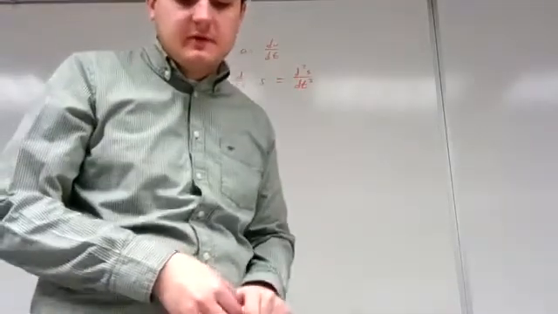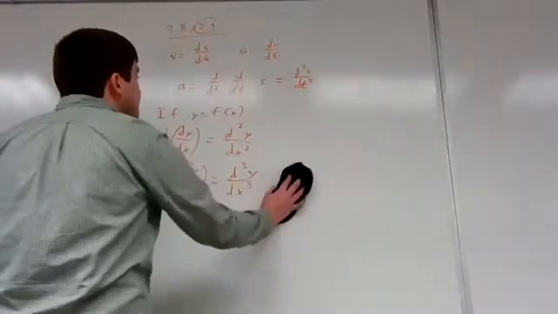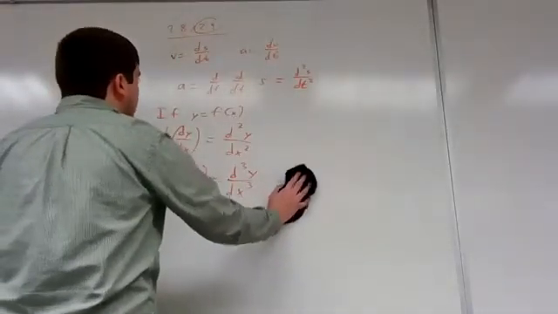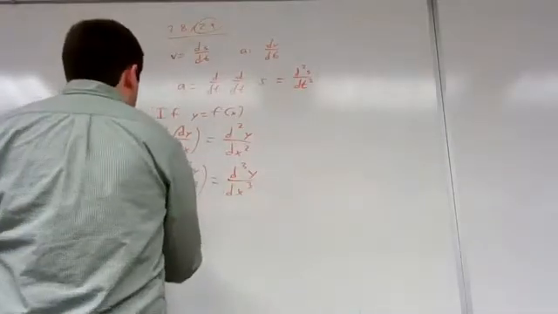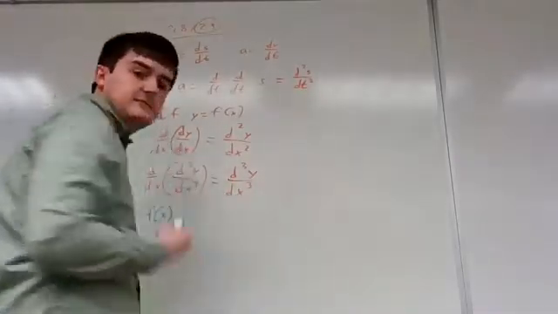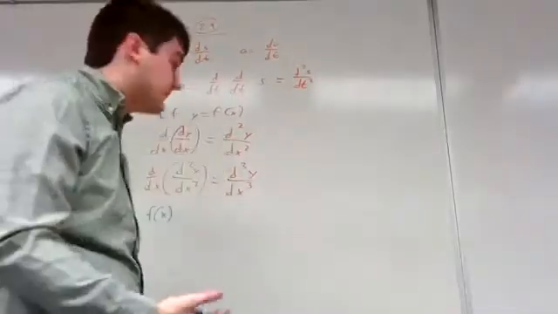You may also be familiar with, or you might also see something that looks something along the lines of this. So if I have f of x, I should have already introduced the prime notation, but if not, I'll talk about it here.